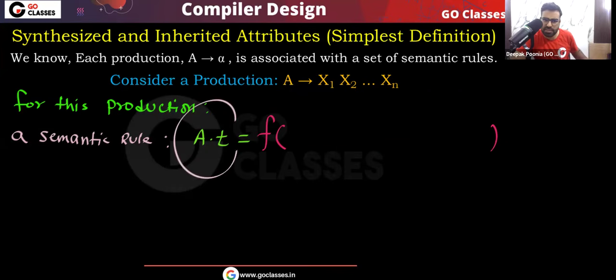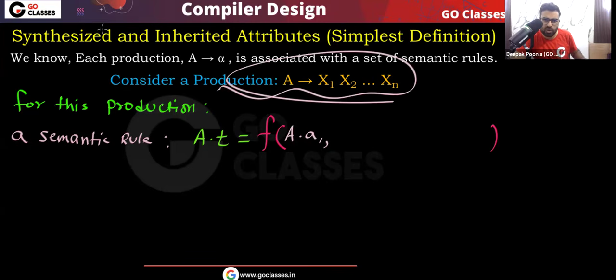So remember, this A.T I can compute in terms of A.A1, where this A1 is some attribute of A. Basically, I can define A.T in terms of attributes of these symbols in this production. I cannot use any symbol which is not in this production.